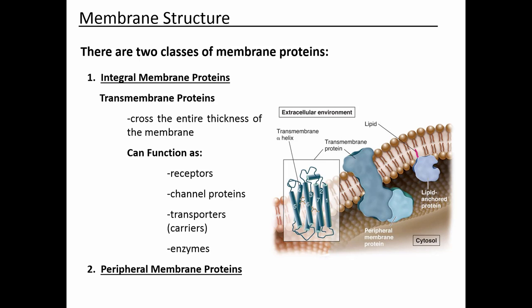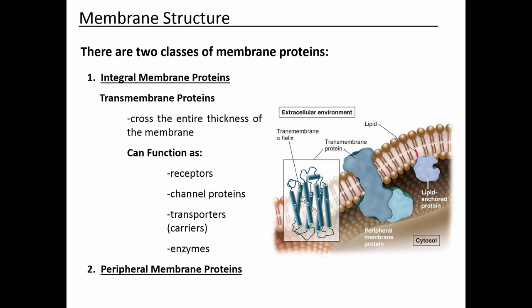We will talk about specific functions of a certain type of integral membrane protein called a transmembrane protein. A lot of integral membrane proteins are also transmembrane proteins. A transmembrane protein, which I defined for you earlier, is a protein that crosses the entire thickness of the phospholipid bilayer.